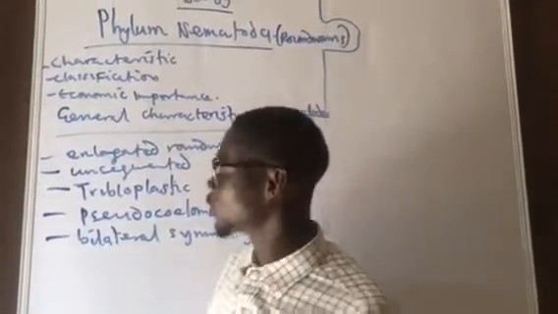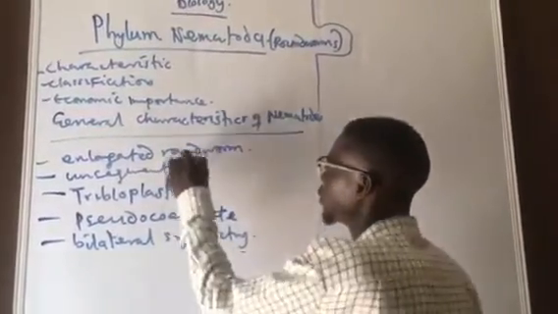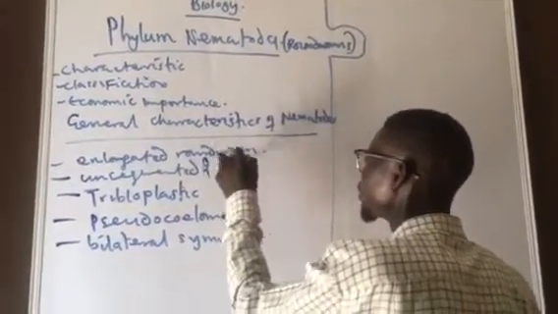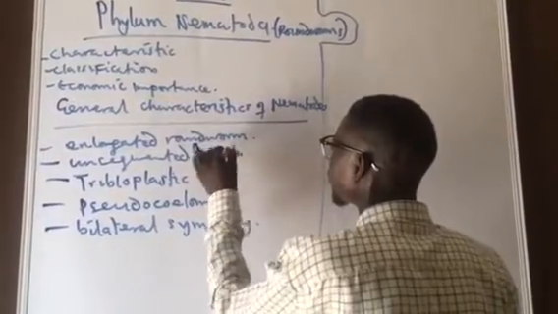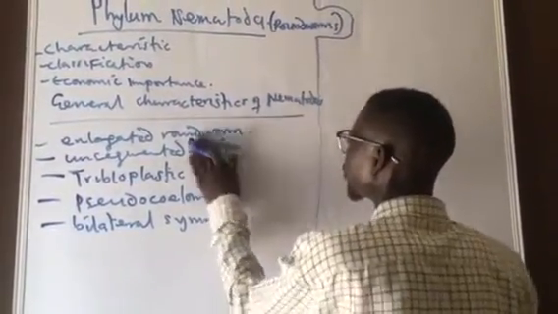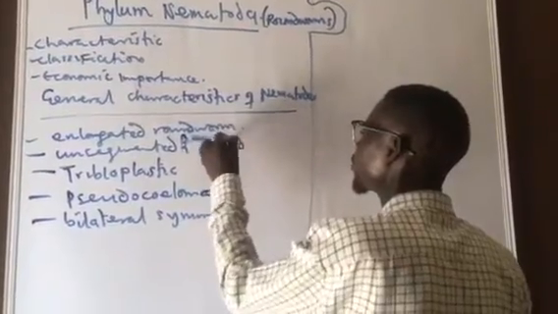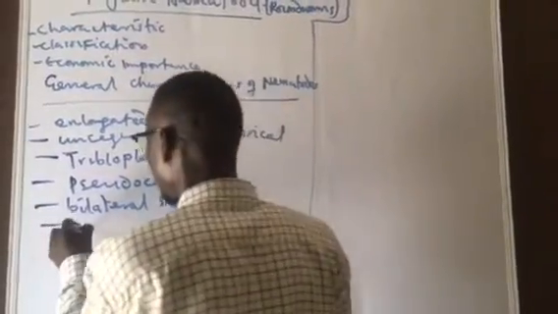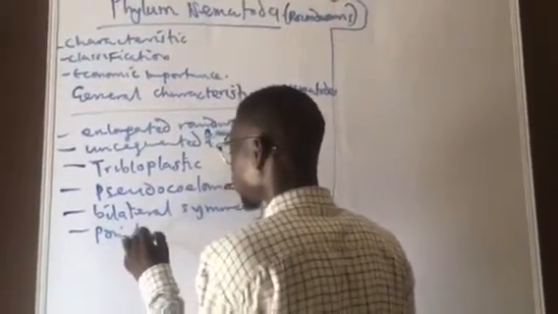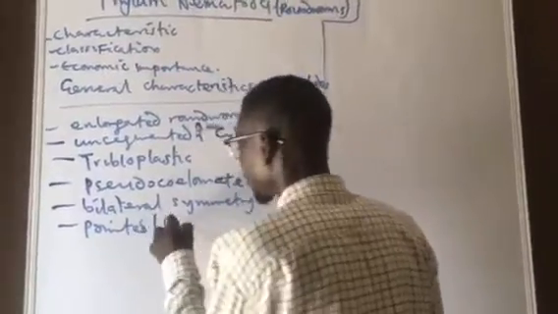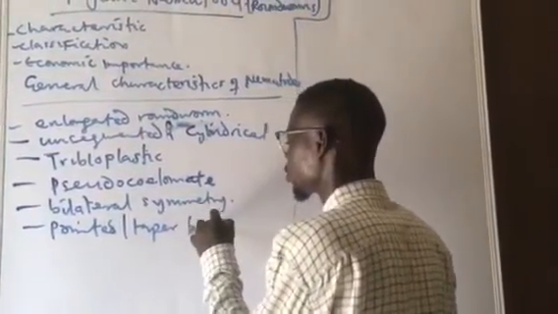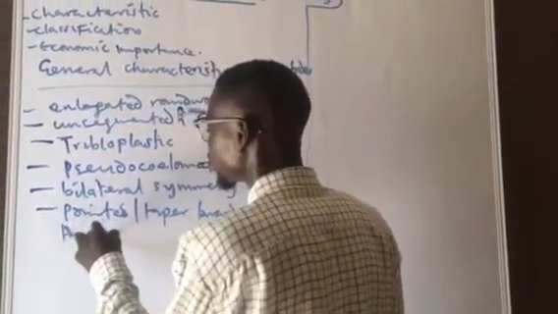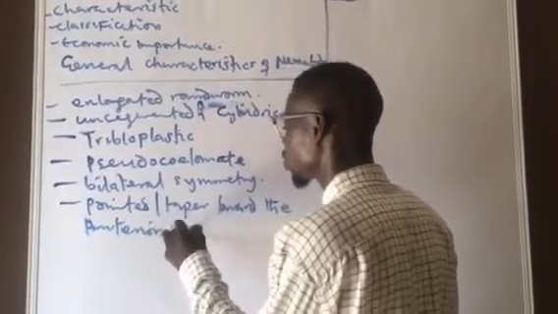They have bilateral symmetry. We said that they are unsegmented, they are cylindrical, and they are pointed at both ends, or they taper toward the anterior and posterior end.